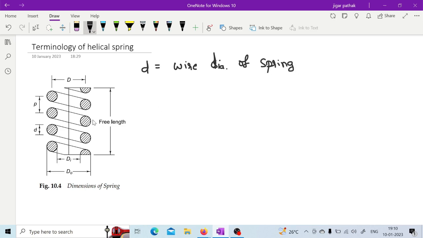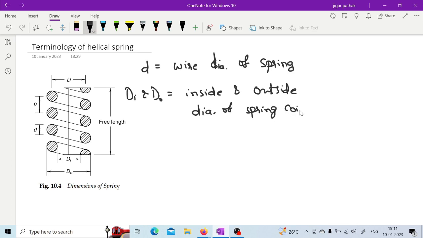Similarly, this di and do are the inside and outside diameter of the spring coil, while this capital D is the mean coil diameter.